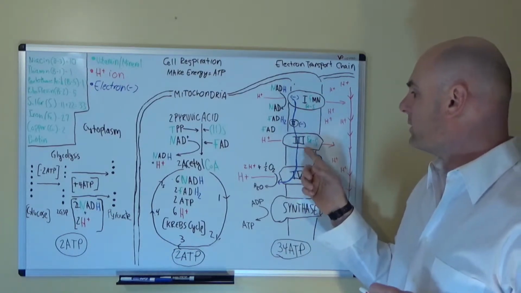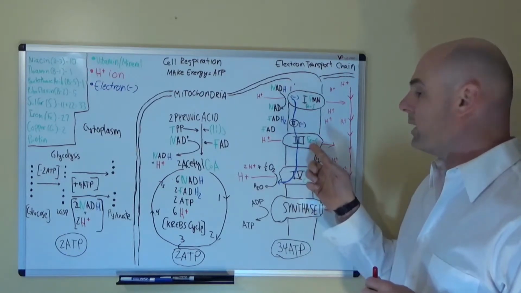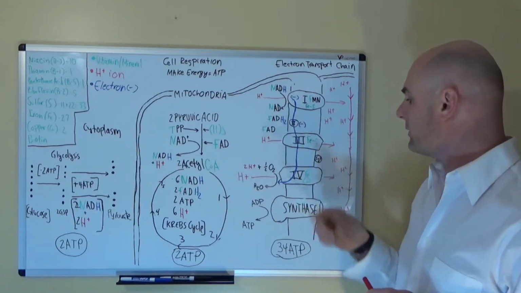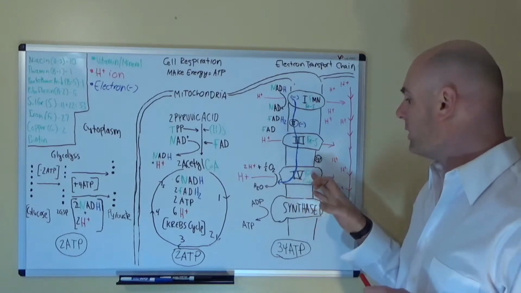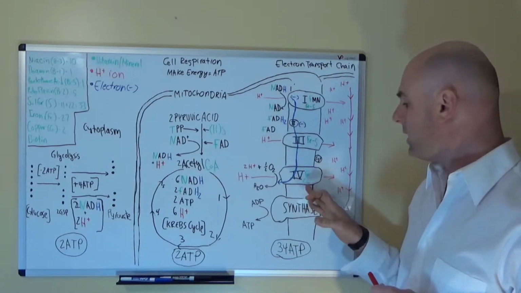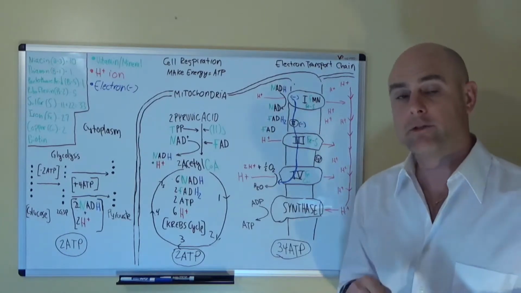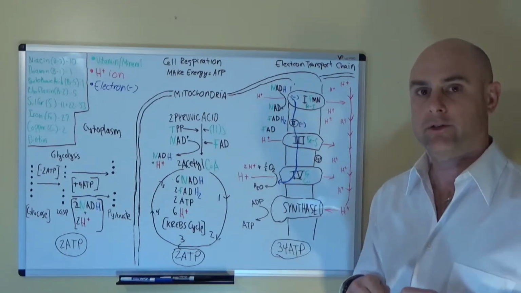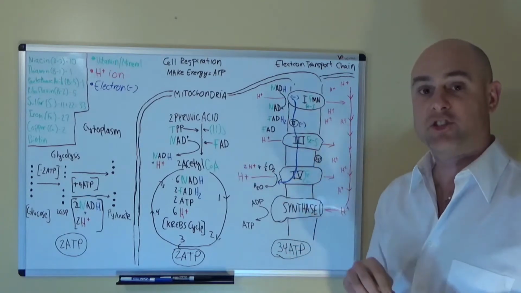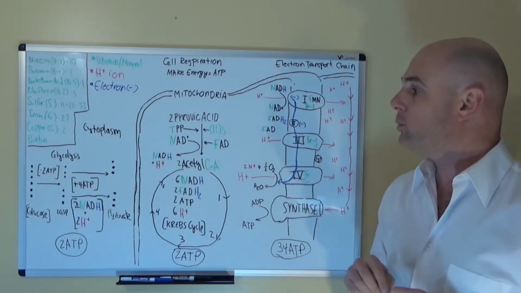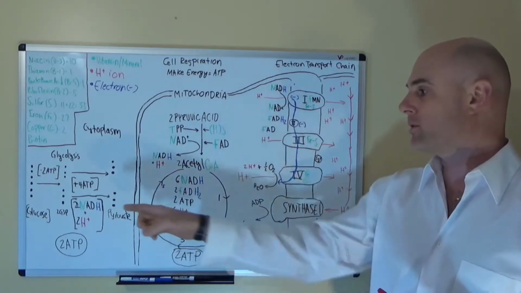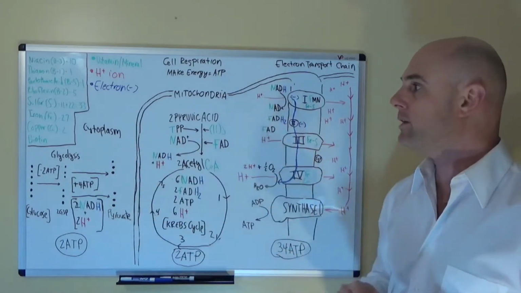Then we have another complex, complex 3, which requires a lot of iron and a lot of sulfur. And complex 4 also needs iron and copper to perform its job correctly. And honestly, I was very surprised when I did the research for this video how much sulfur and iron we need to carry this process to convert sugar into our energy.